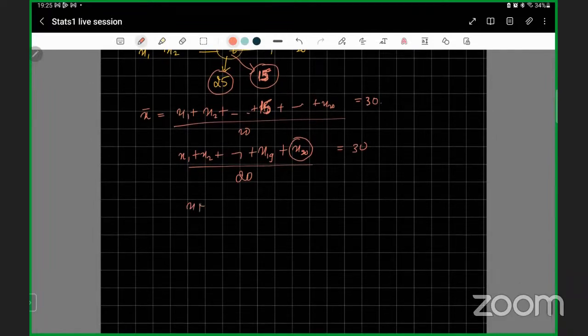So you get x1 plus up to x19 to be 600 minus x20. So what is this x20? X20 is 15.